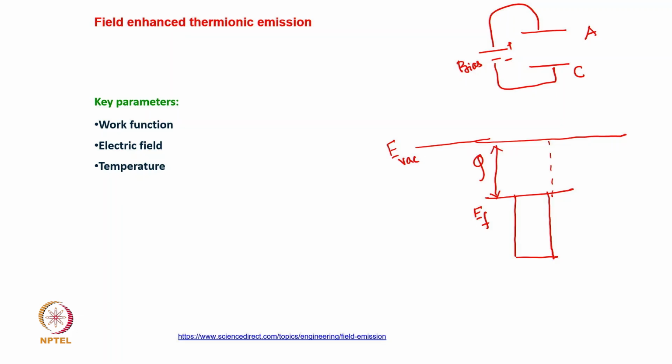The electrons which are there up to the Fermi level see an infinite kind of barrier, or they are not able to cross the work function.